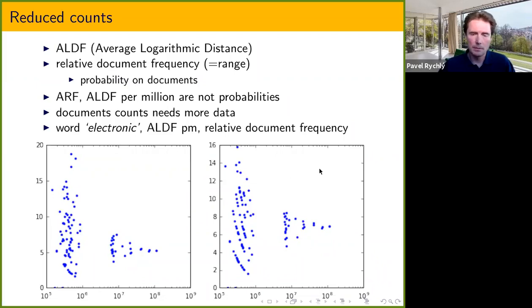It is sometimes called range. It is the percentage of documents in which the word occurs. So this is for the word electronic, and we can see that the relative document frequency has bigger variance than the average logarithmic distance.